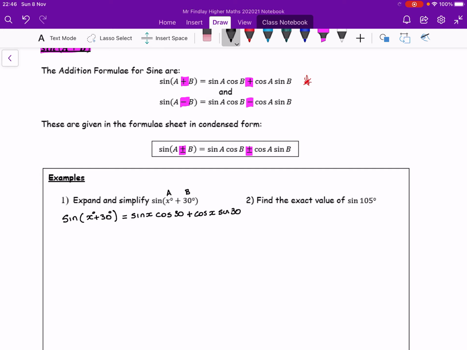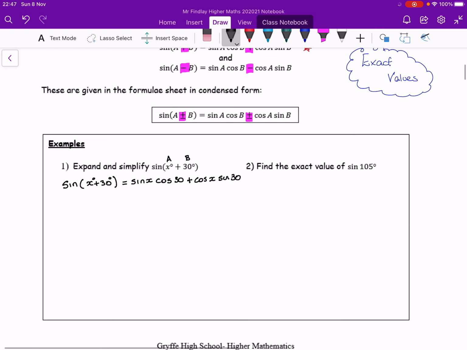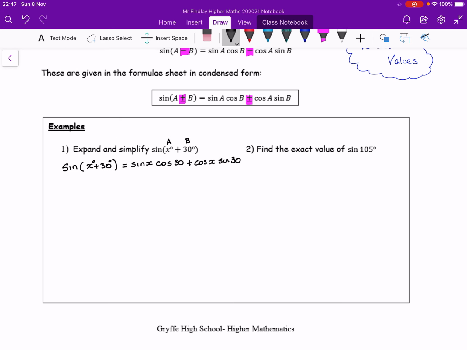What's absolutely vital in these questions is the exact values. Either you're knowing the table well or be able to work them out using the triangles. I wouldn't write out the table or the triangles, I would just go through these as the values are known. So sine x is what it is, and cos 30 is root 3 over 2.